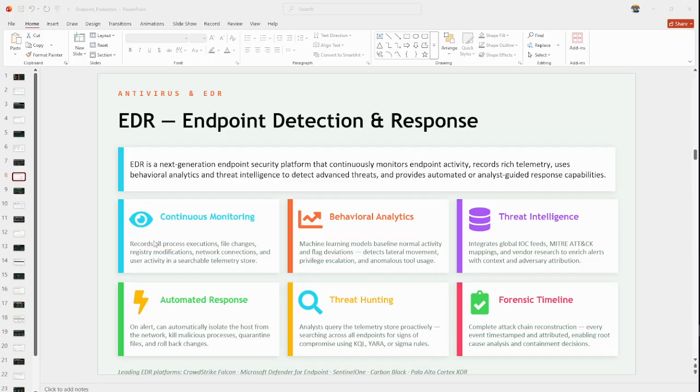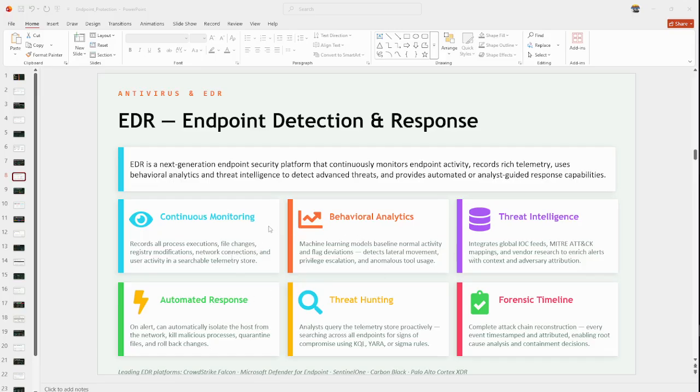All your process execution, file changes, everything will be monitored here, along with user activities. Then behavior analytics, where you have machine learning and threat intelligence, all of that being done here.